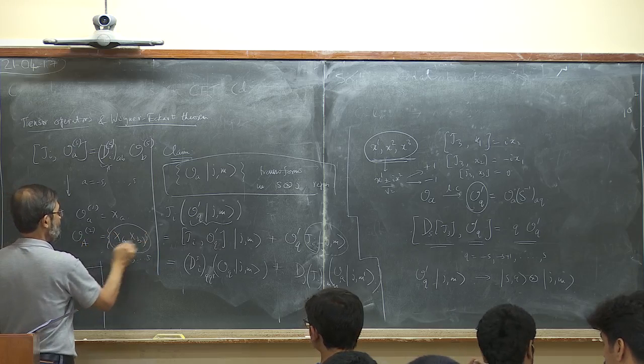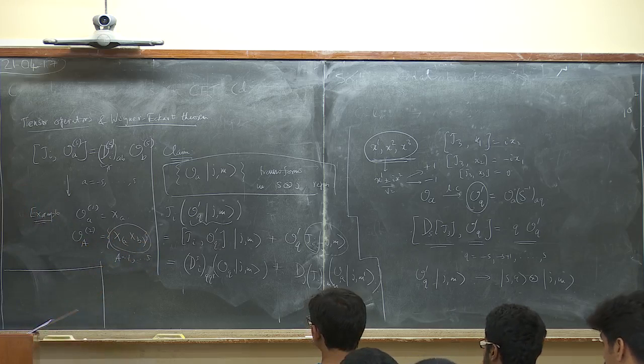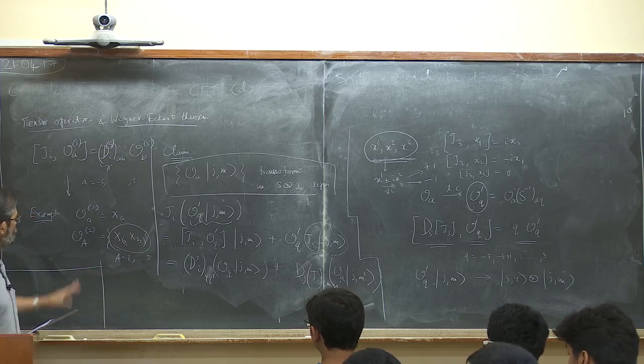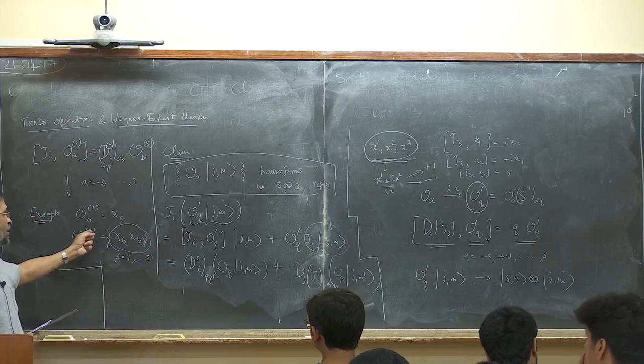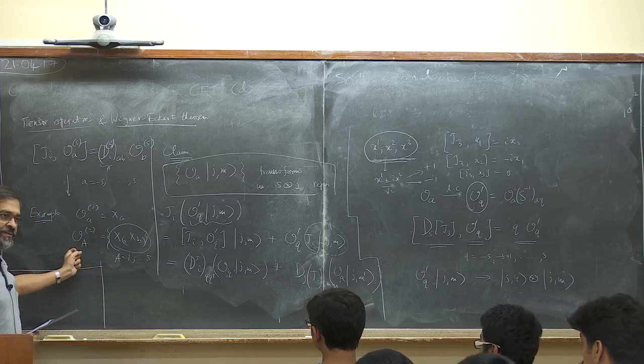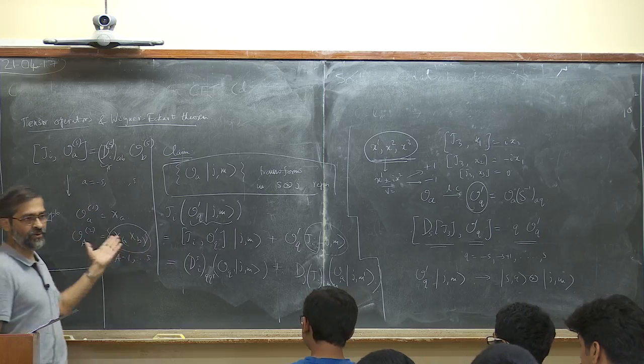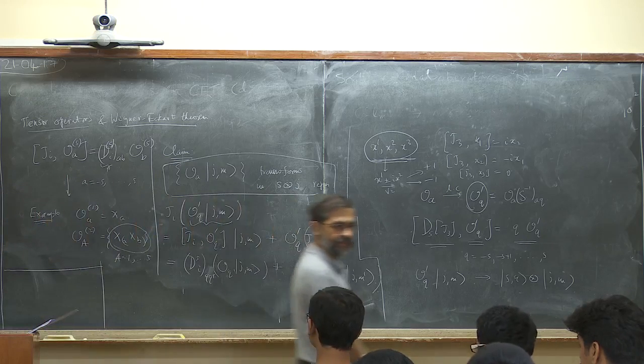This will be some linear combination of these blocks. This is the kind of thing that we just did for the spinors. Then it will be the spin 2 operator, and similarly you can carry on with this.